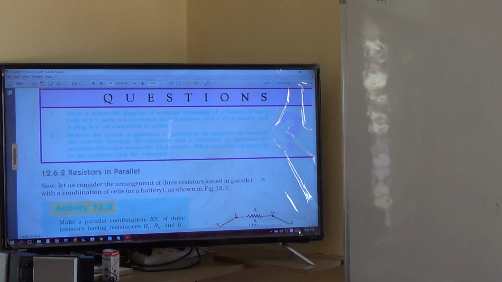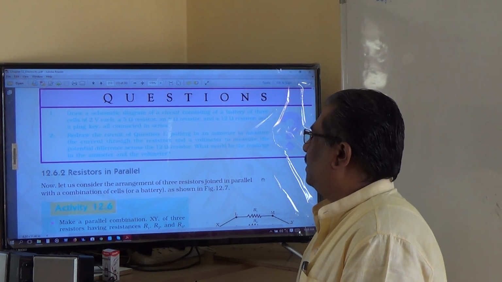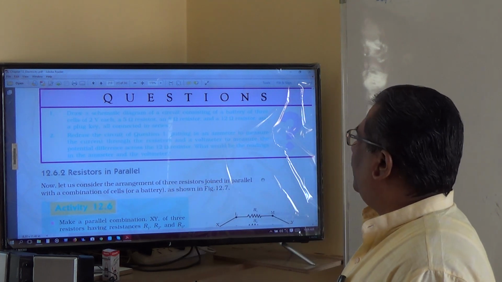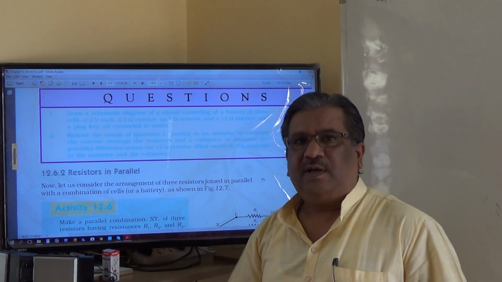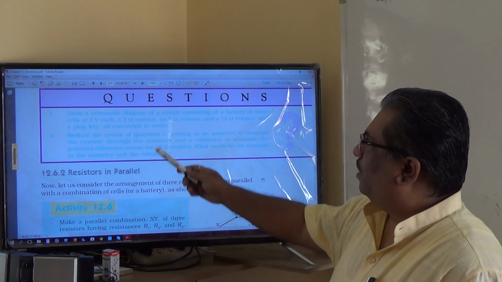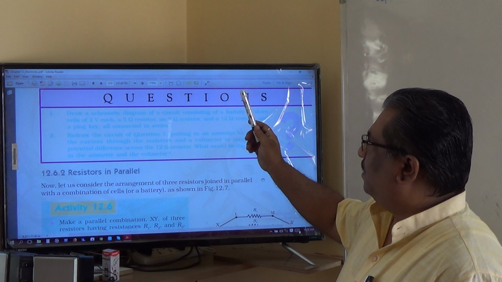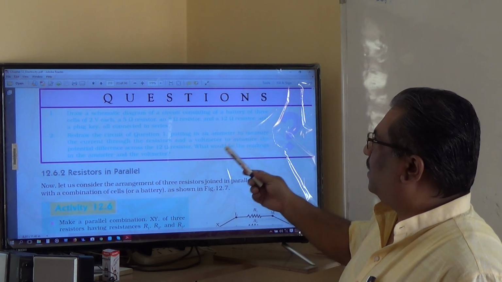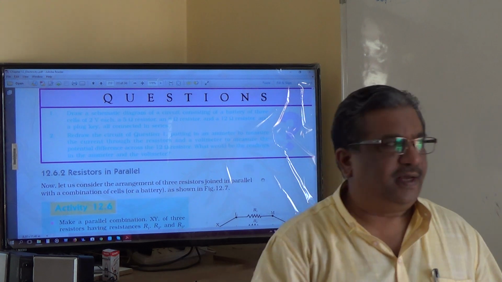Let us look at the question. Draw a schematic diagram of a circuit consisting of a battery of 3 cells of 2 volt each. If there are 3 cells of 2 volt each, then the total voltage applied is 2 into 3, 6 volts. A 5 ohm resistor, an 8 ohm resistor and a 12 ohm resistor, and a plug key, all are connected in series. Let me draw the diagram here.